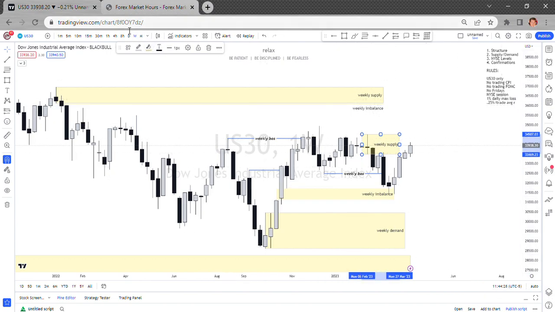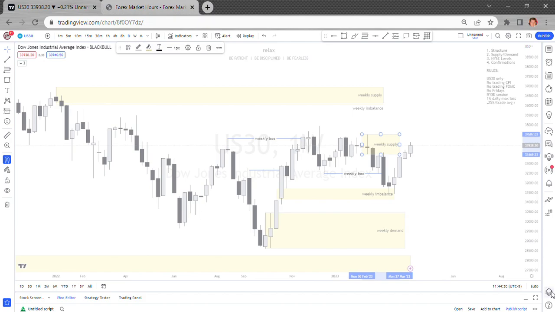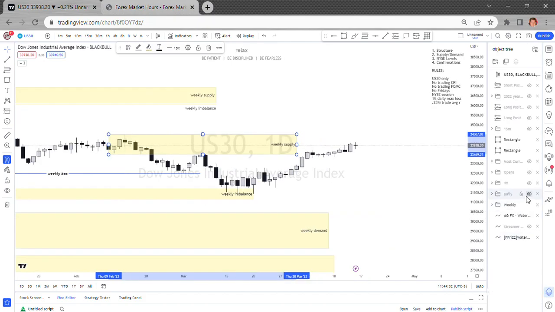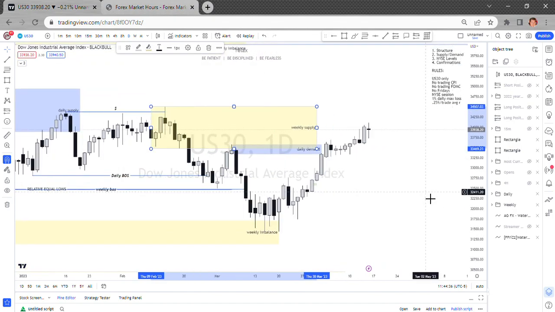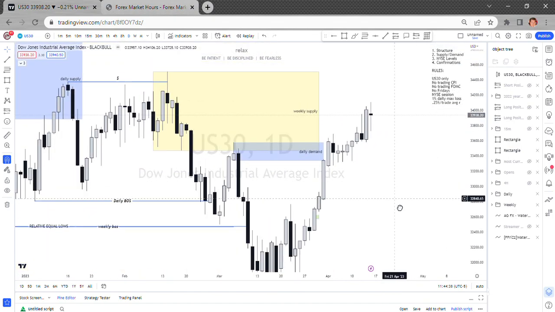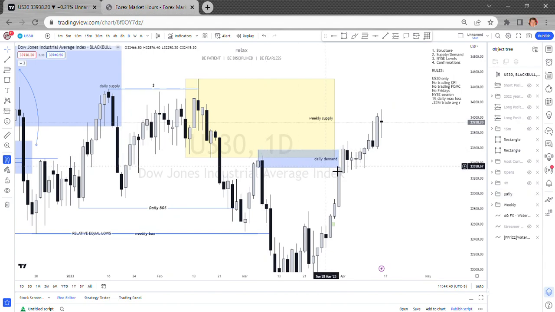We'll drop down to the daily. Let's see what we're looking at here. Not a whole lot on the daily. We broke through this daily demand. Not really looking to try to refine this weekly supply on the daily because there's no imbalances, nothing real clean up here.